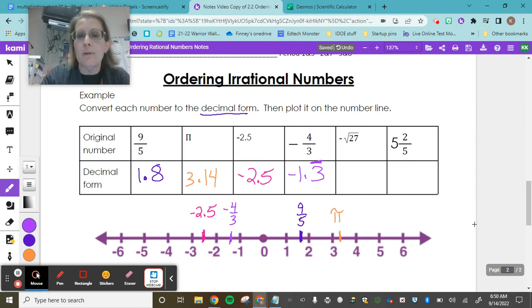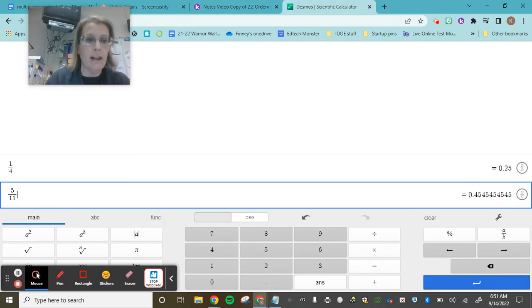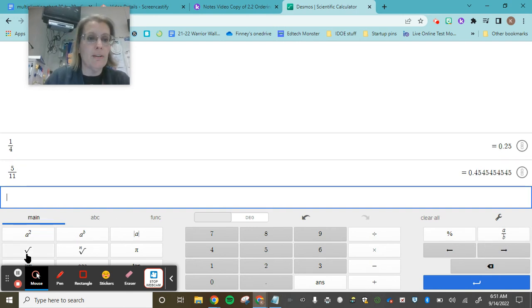Now, the negative square root of 27. 27 is not a perfect square, so we would need to use our calculator. So if I go back to the Desmos calculator, I see the square root is right there. So I can do negative square root of 27. And I can see it is not a pretty number. So is this one rational or irrational?